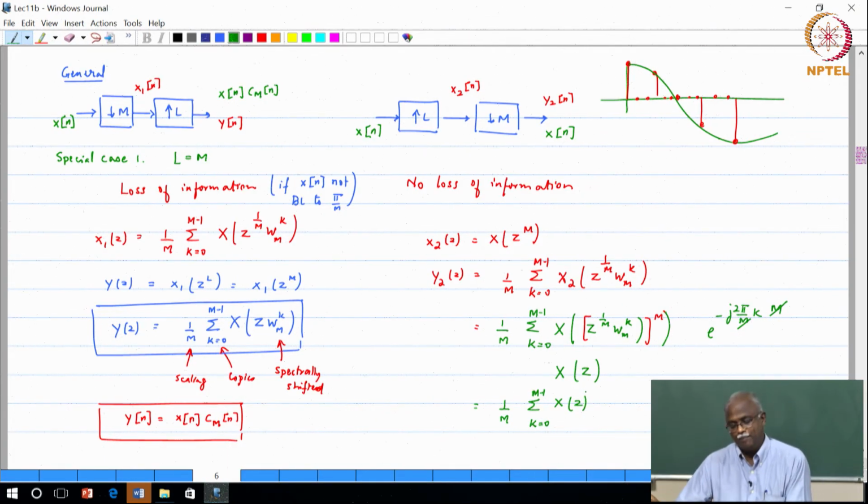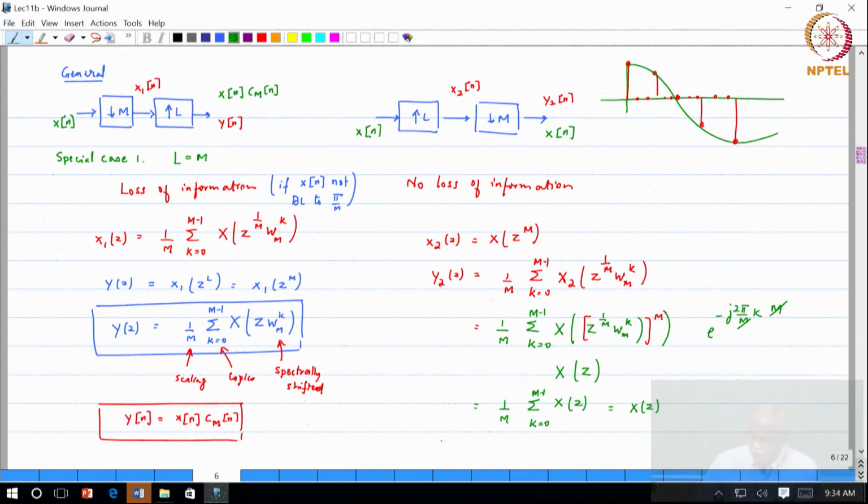You add it M times and then divide by M, which is trivially equal to x of z. So y2 of z equal to x of z, which implies that y2 of n is equal to x of n, which is exactly the intuition we already had through the sketching process, that they were different, and this is a more formal structure where we say that yes, they are indeed different.